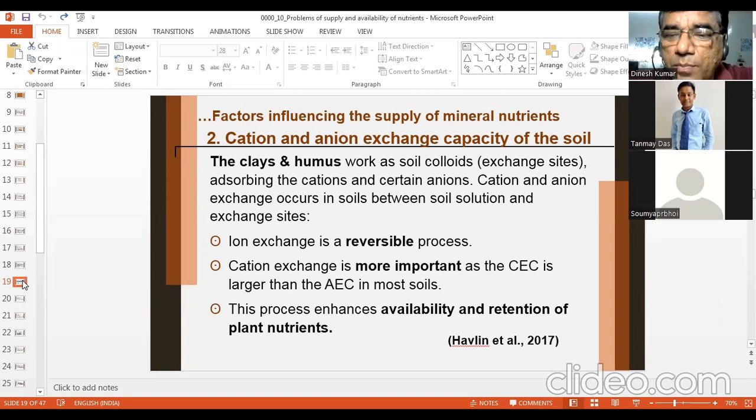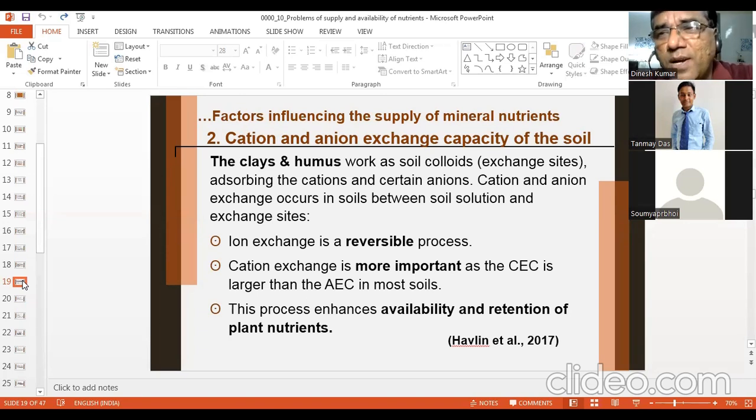Cation exchange is more important, as the cation exchange capacity is larger than the anion exchange capacity in most soils. Similarly, you can define anion exchange capacity as the capacity of 1 kilogram of soil to hold anions.